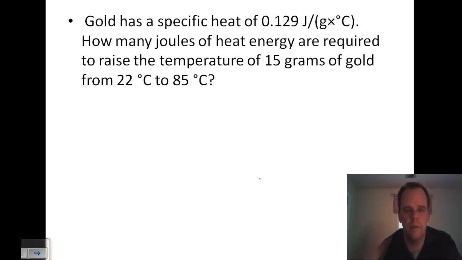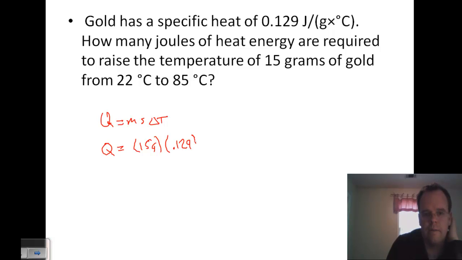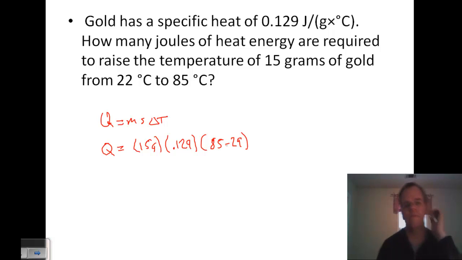Now let's look at some sample problems. Gold has a specific heat of 0.129 joules per gram degree Celsius. How many joules are required to raise the temperature of 15 grams of gold from 22 to 85? So our equation here, Q equals msΔT. Our mass, 15 grams. Our specific heat, 0.129, and our change in temperature, final minus initial.